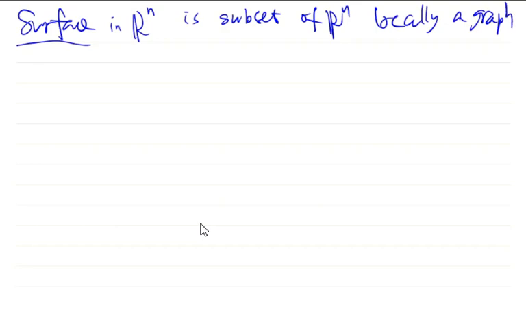It is reasonable to consider a surface as a subset of Rn which is locally a graph of some smooth function. So a surface in Rn is a subset of Rn, locally a graph of a smooth function.